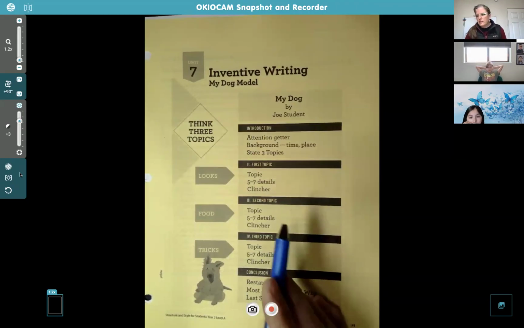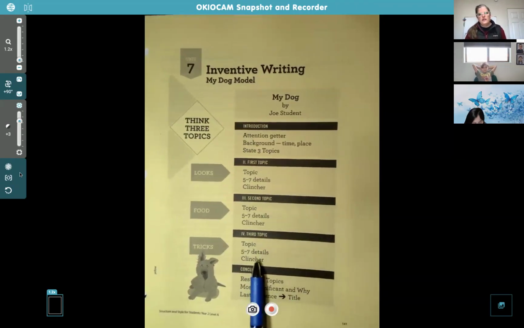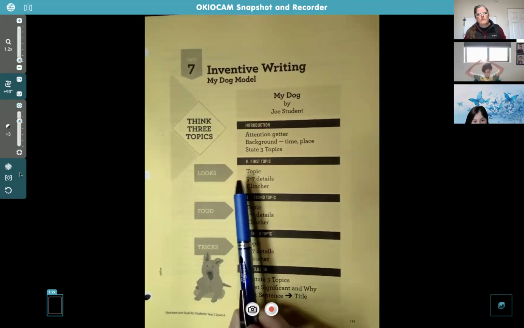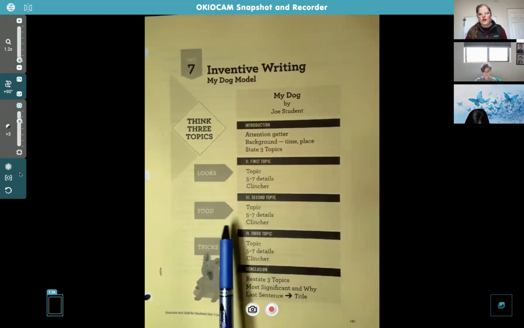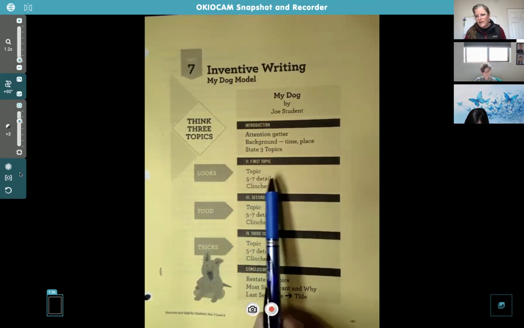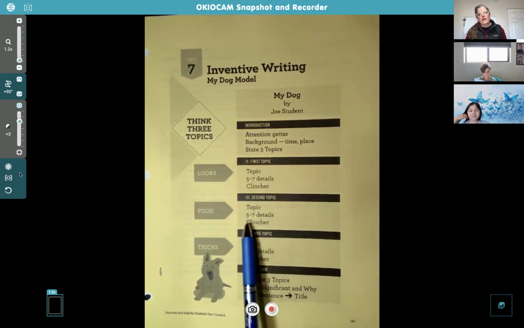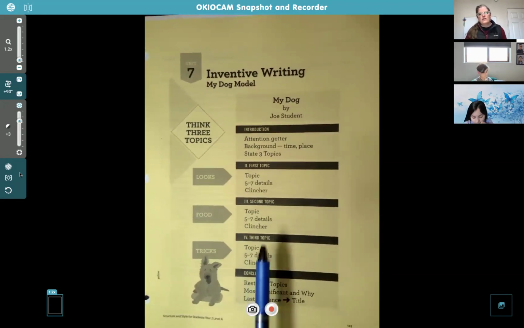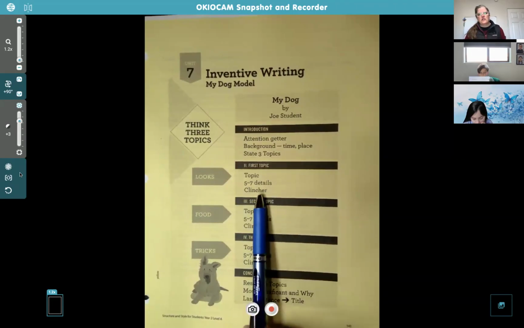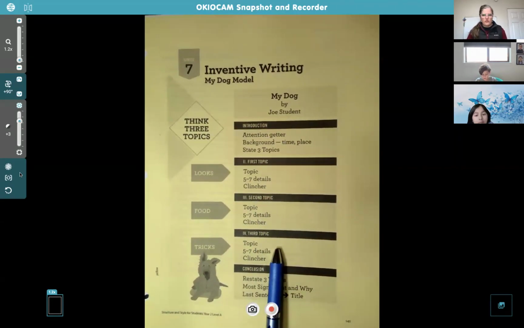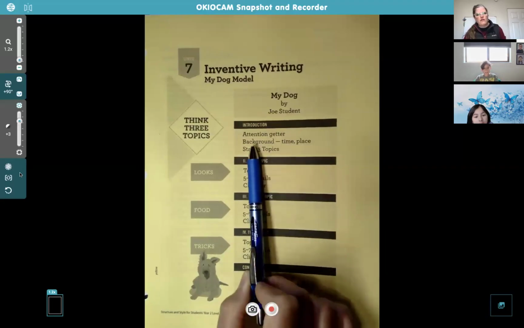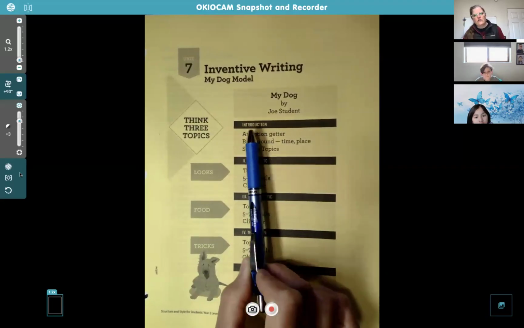Okay. So if you look at this paper on the yellow page, it's kind of funny. This is a model for writing about your dog, right? It says looks, food, and tricks. It's kind of a cute way to remember. But these three paragraphs right here in the middle, where it says topic, 5 to 7 details, and clincher, are your three paragraphs that you already wrote about your country. So if you look above that, we're going to add an introduction.